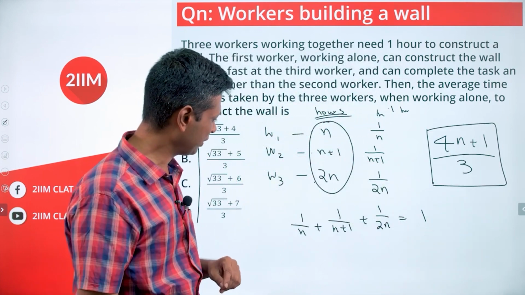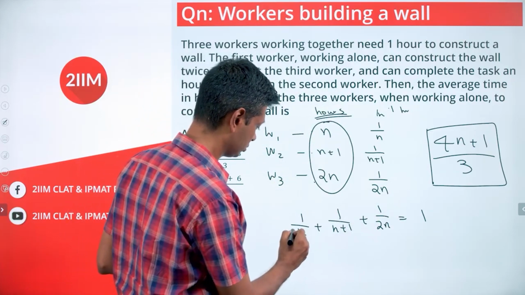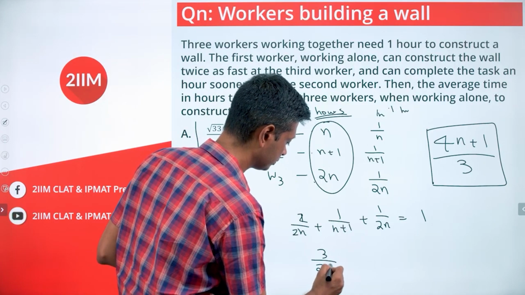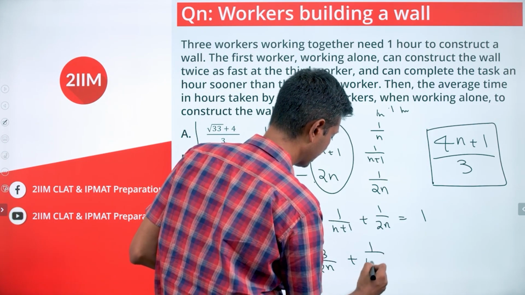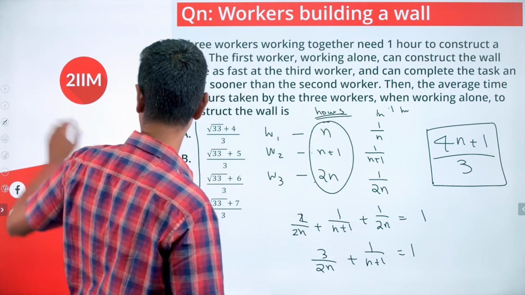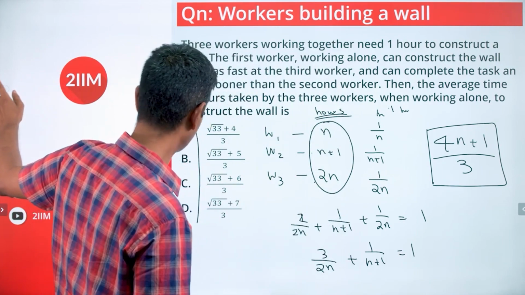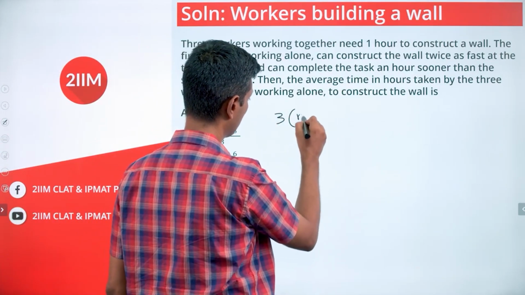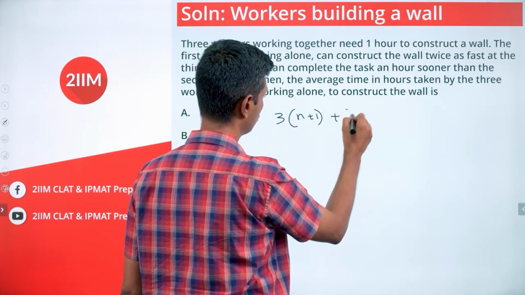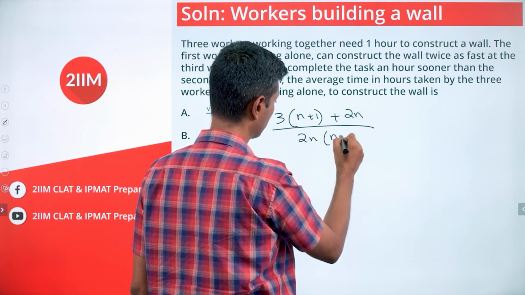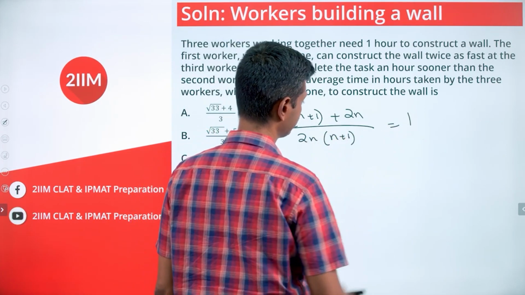Okay? Let's simplify this. We can call this 2 by 2n. So we have 3 by 2n plus 1 by n plus 1 equal to 1. Let's take the LCM and simplify. I'm going to go to the next step. 3 times n plus 1 plus 2n, divided by 2n into n plus 1, is equal to 1.